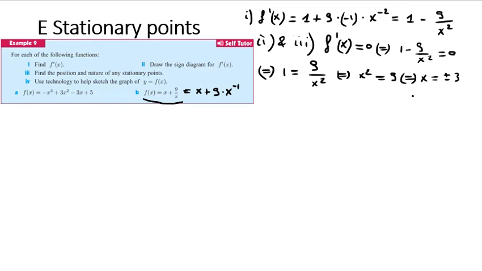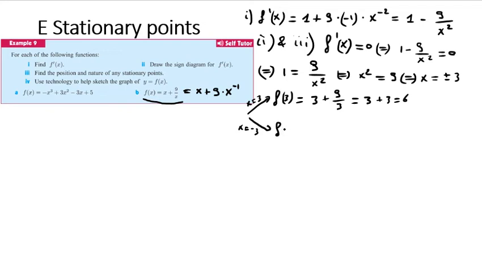And to find the y-coordinate of the stationary points, we have to fill that in the function. So x is equal to 3 and x is equal to minus 3. f of 3 is 3 plus 9 over 3, which is 3 plus 3, so that is 6.